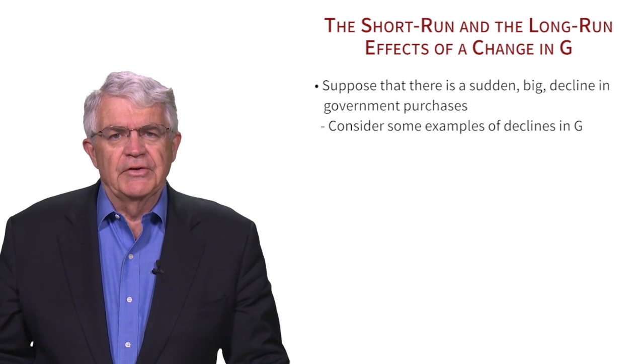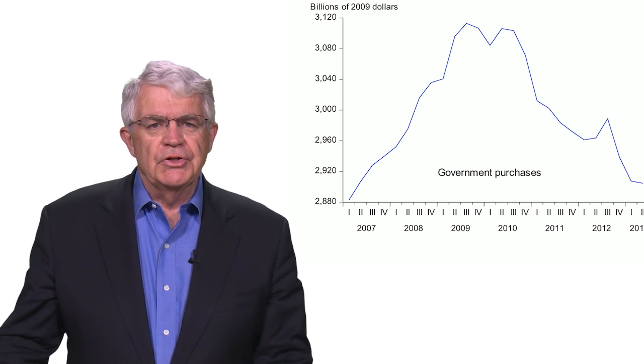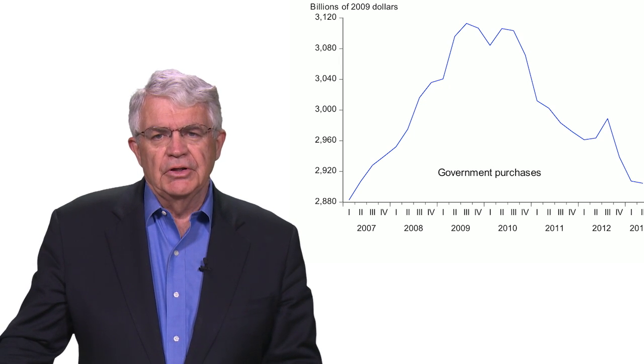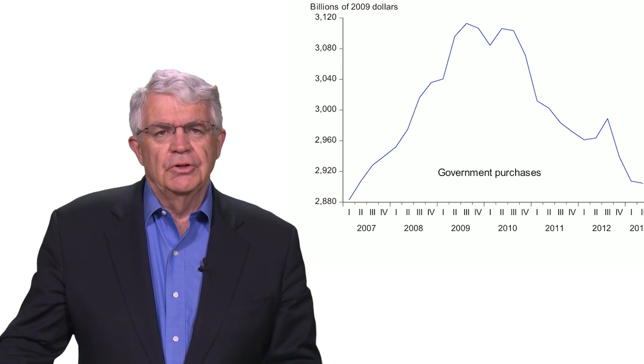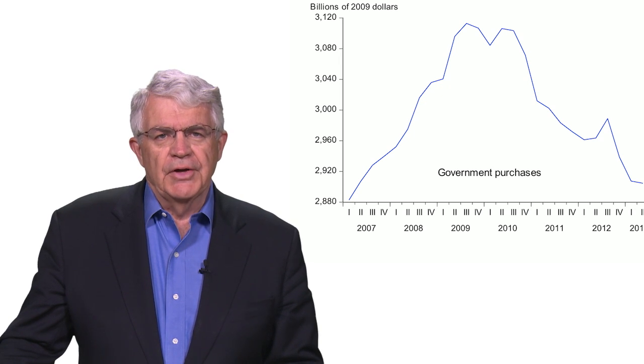Why don't we consider an example of what some of these declines might look like in this picture. This shows government purchases in the United States economy from 2007 into 2013. It's measured in real dollars, 2009 dollars, on the vertical axis.